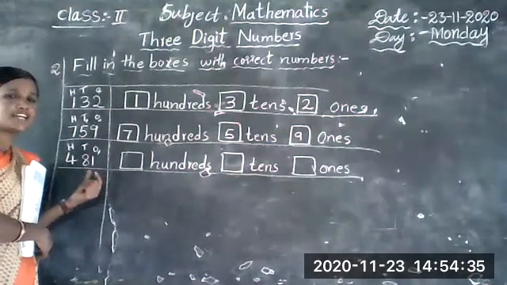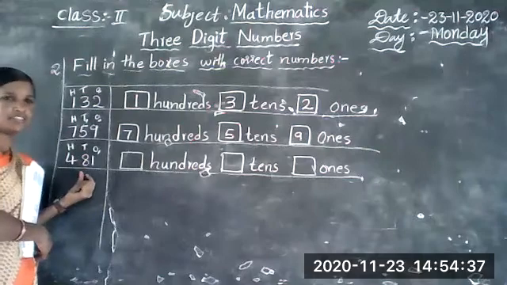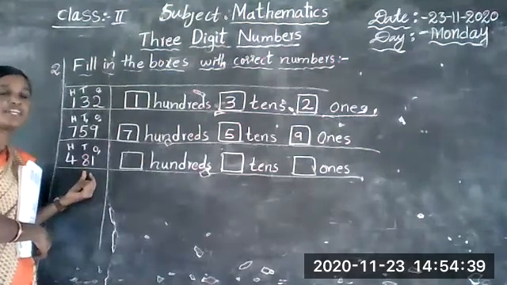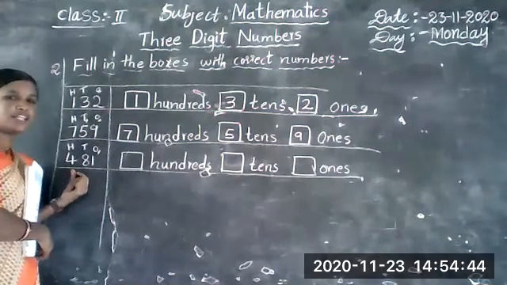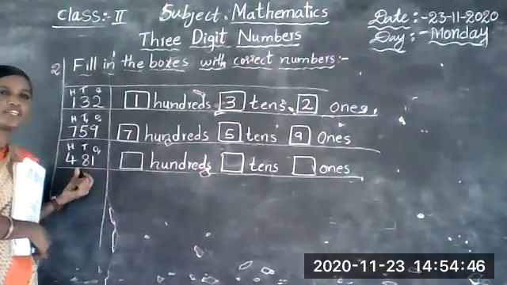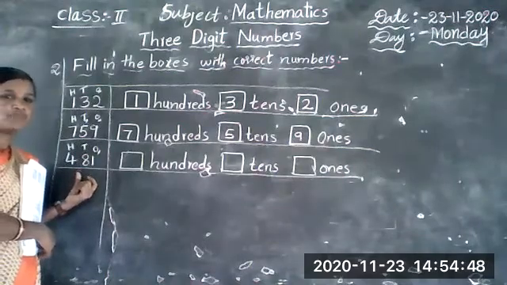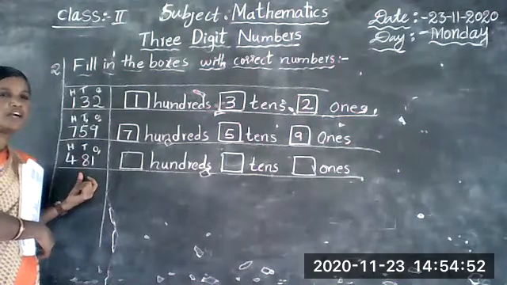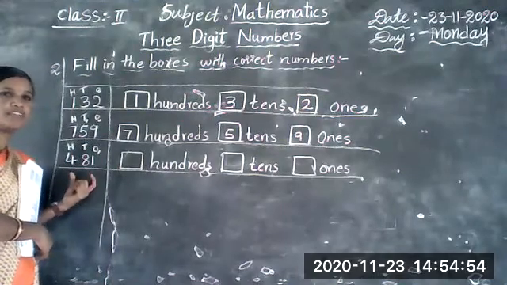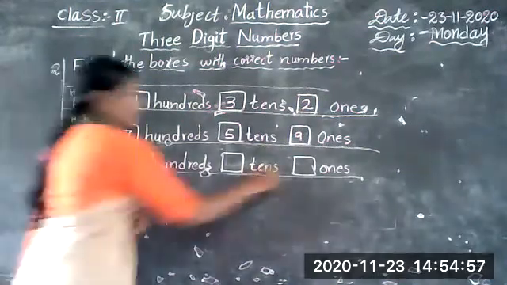How many ones are there in the number 481? Show me with your fingers. I am seeing your videos. How many ones are there in this number? Very good. 1.